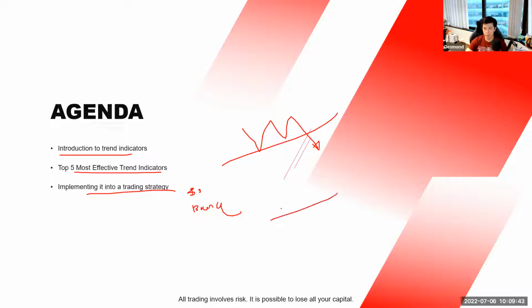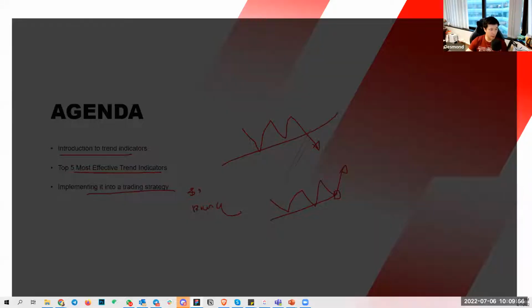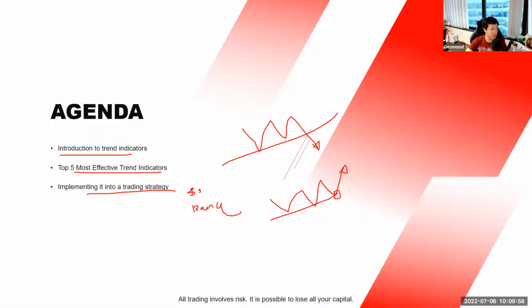A bounce is when price bounces up from here. There are 2 ways to play trends. One is you go with the trend, the trend is your friend. The other is you play the breakout from the trend. These are important things we'll be exploring today.